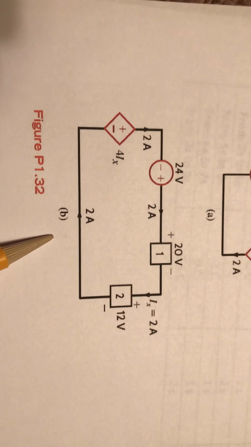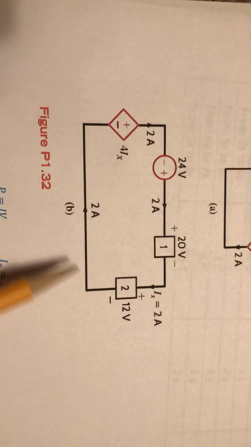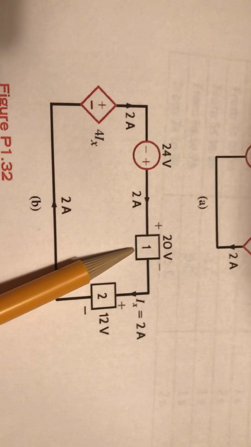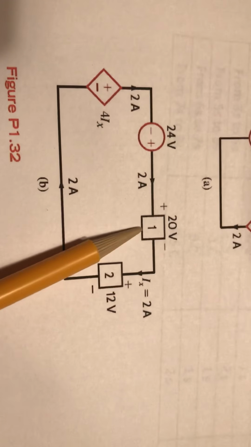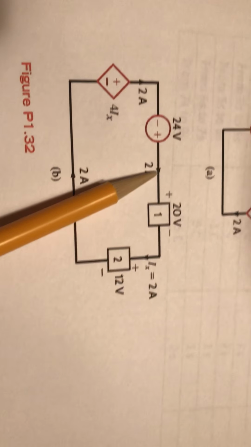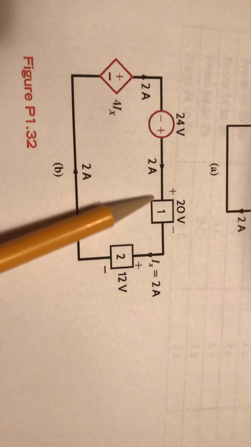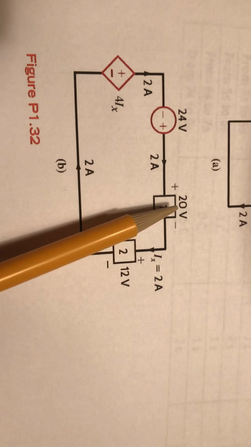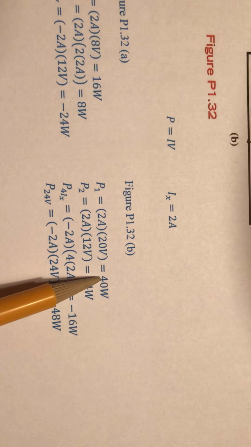So for the second figure, we're going to start with this element that is labeled 1, and the current for this one is moving positive to negative, so we have a positive 2 amps times 20 volts, which gives us 40 watts.